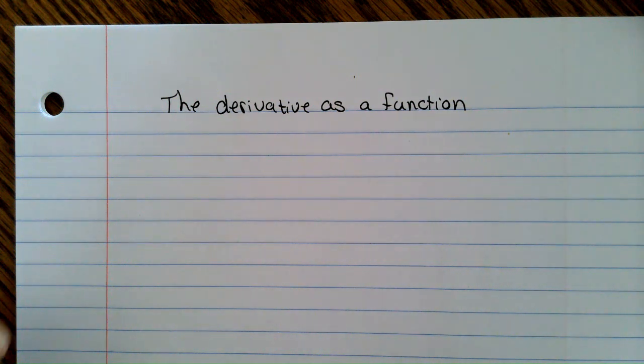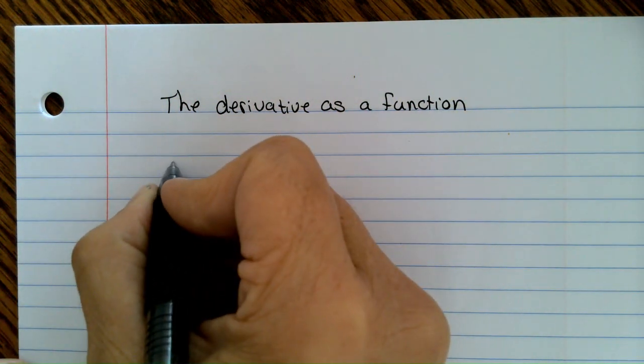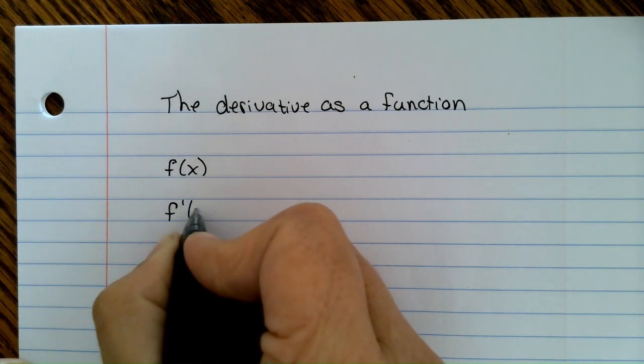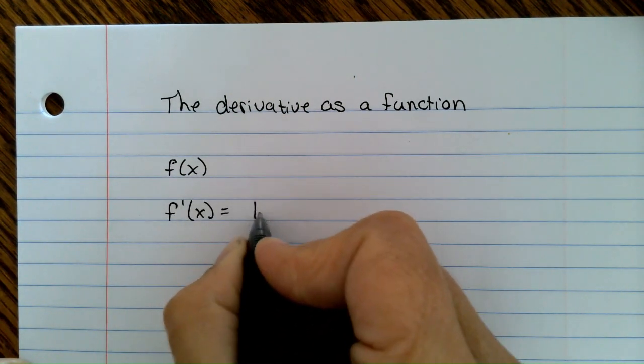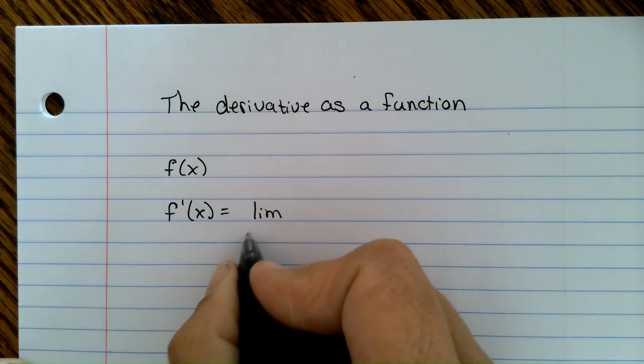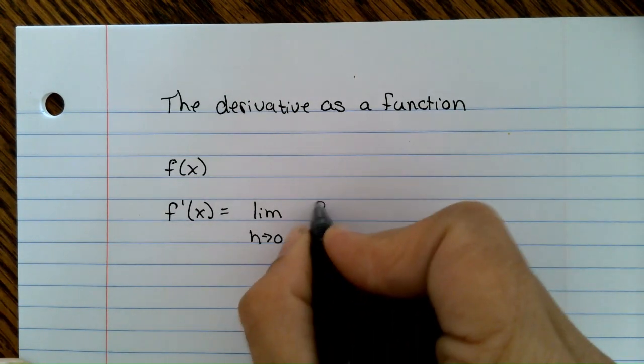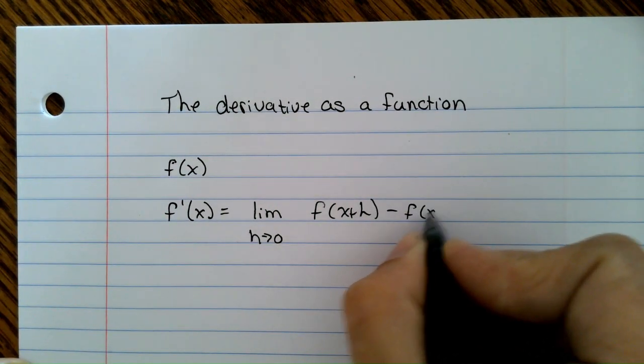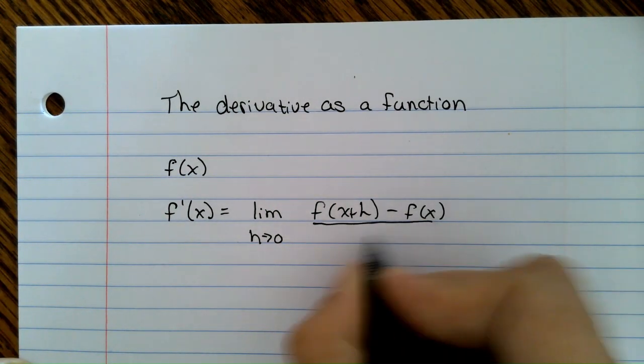So as stated in my previous video, we know that given a function f of x, we can find its derivative by doing the limit as h approaches 0 of f of x plus h minus f of x, all divided by h.